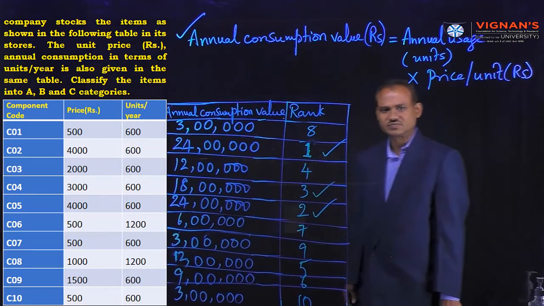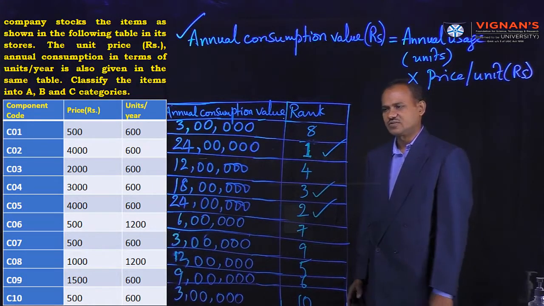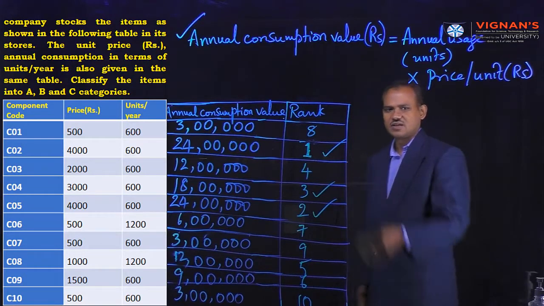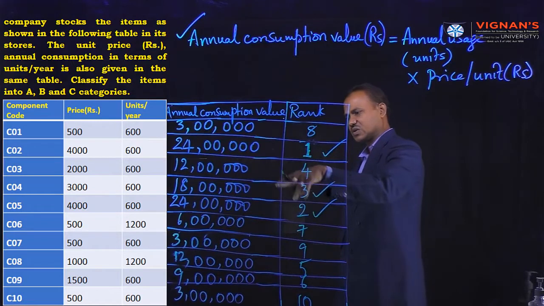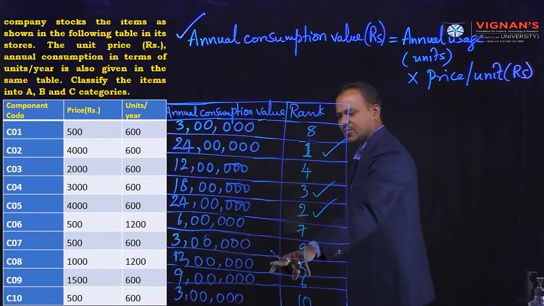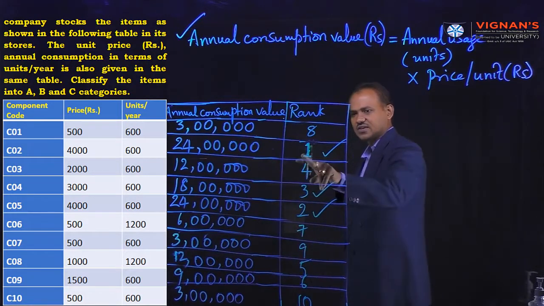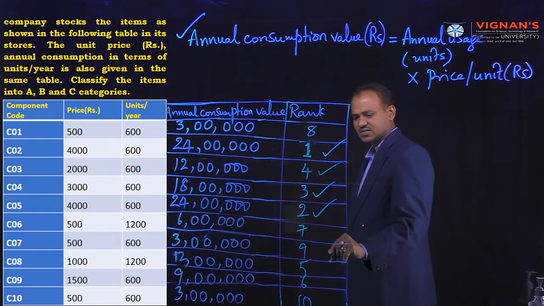Assign third rank. Only 18 lakh. Next, similarly proceed for other components. Next minimum is 12 lakhs. Again there is a tie between component 3 and component 8. So assign, this is rank 4, this is rank 5.